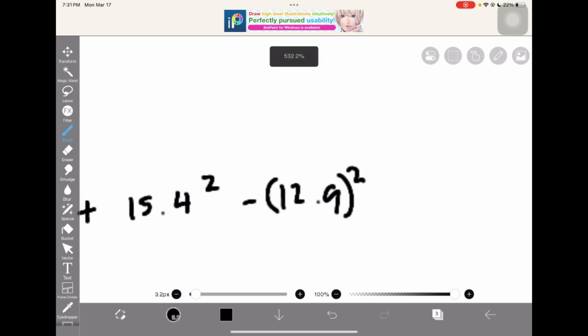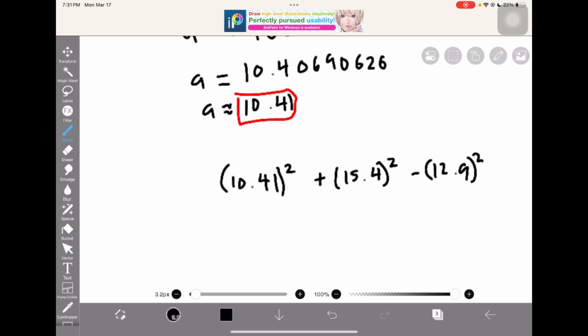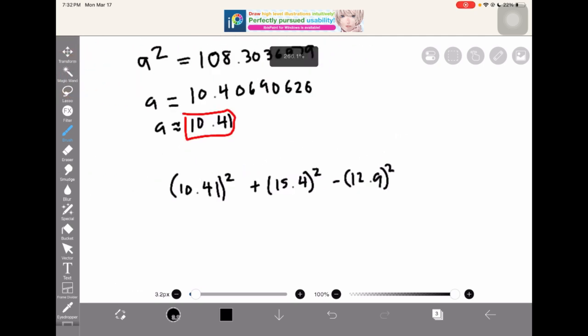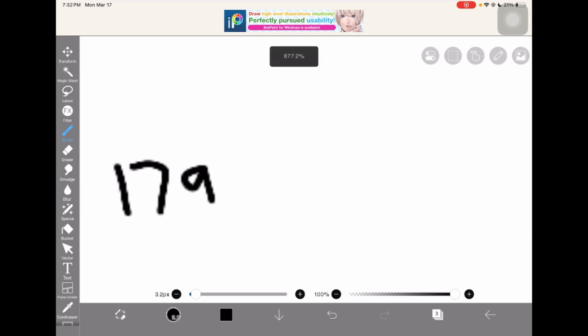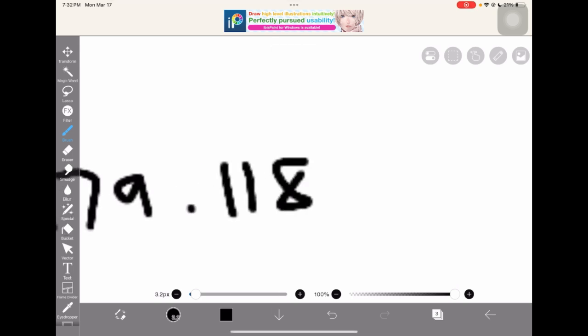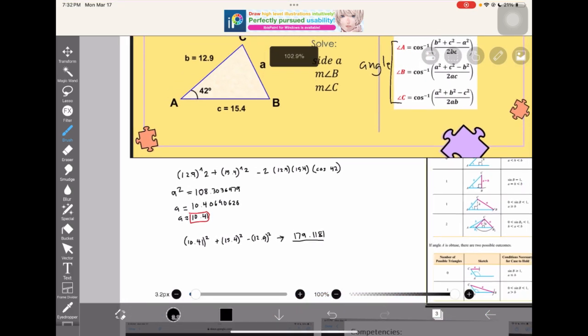Let's just do that over here. Let's type all of that in. 10.41 squared plus 15.4 squared minus 12.9 squared. That's going to be equal to 179.1181. And that's all over 2AC.